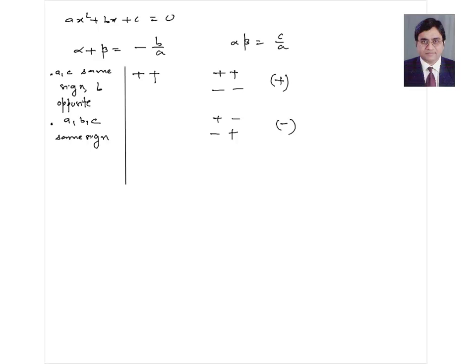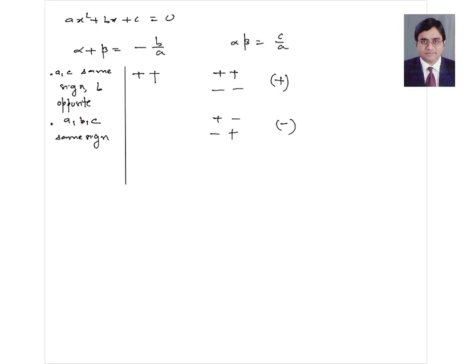Looks like you will have to check your working. That answer is correct. Both are going to be negative. Now, how? Let's see. All the three have the same sign. That means c and a also have the same sign. If c and a have the same sign, then you can have only two cases. Both are plus or both are minus. So one plus other minus is not possible.